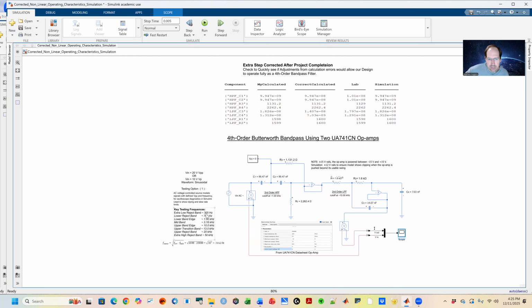As you can see, the reason I did this was so I could look at the non-linear elements, if there are any present. One of the things I considered was the slew rate, which means that as the frequency of our signal increases, and if you have a larger amplitude, it takes longer for the op amps to cycle through that frequency and amplitude.